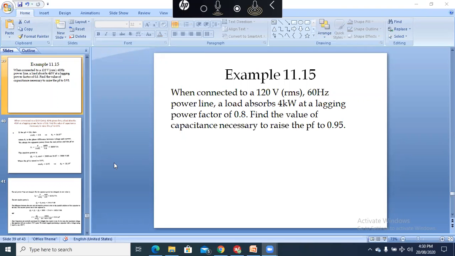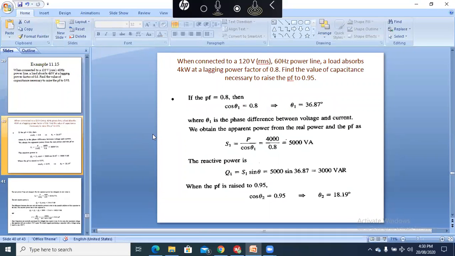So a 0.8 power factor means that the value of theta 1 is 36.87 degree, and the apparent power we can calculate by P divided by cos theta 1. So this is 4000 divided by 0.8, which is 5000 volt ampere. From this we calculate the Q1.